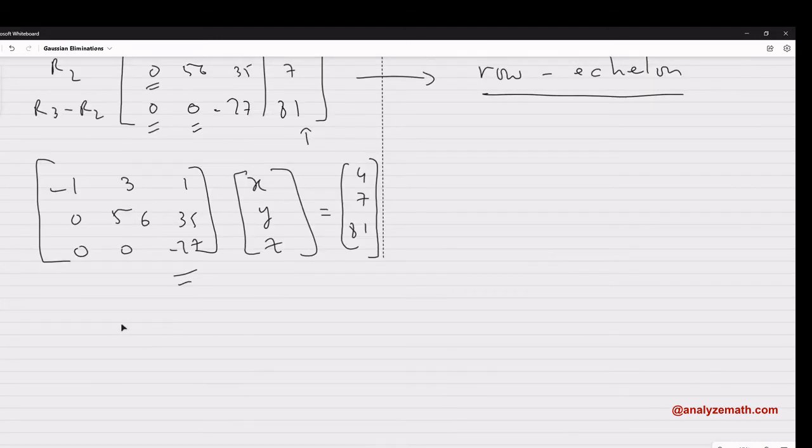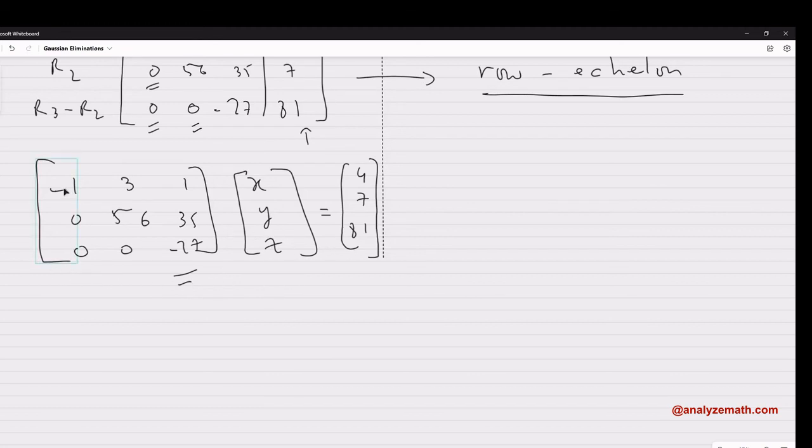Now let's examine the new system. Remember, the operations we did allow us to obtain a new system of equations that is equivalent to the original one. They have the same solution. This is very important to remember.